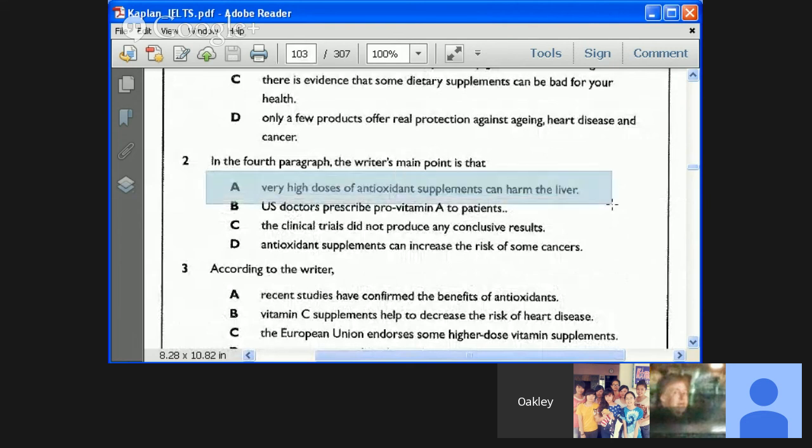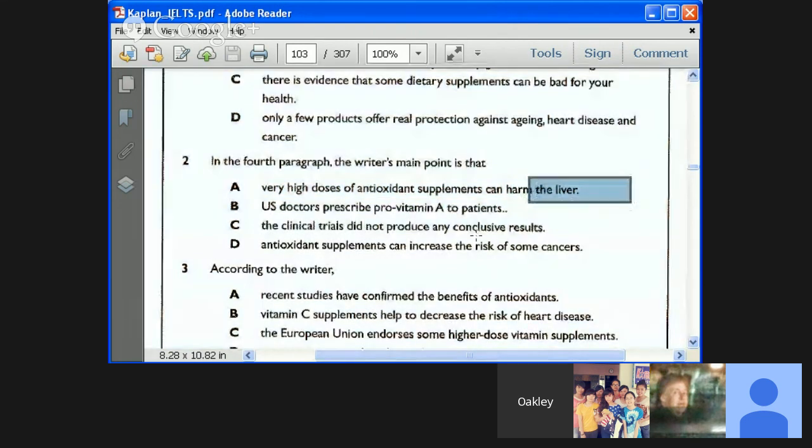First of all, very high doses of antioxidant supplements can harm the liver. Did you guys notice that they talked about how the test showed that it could increase risk to the lungs? Another trick.